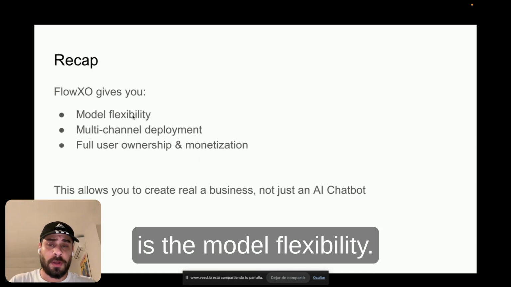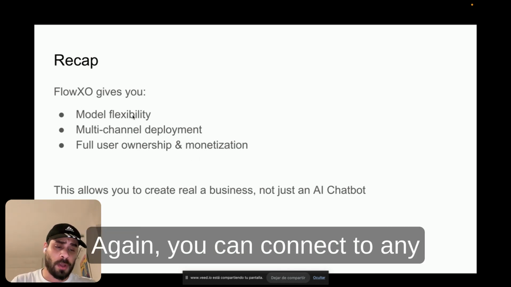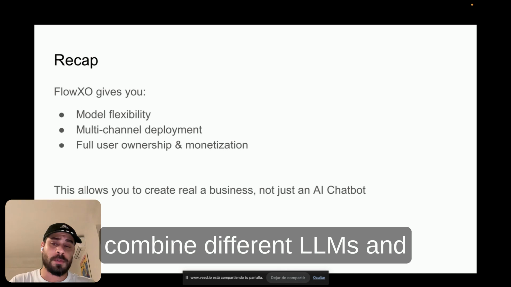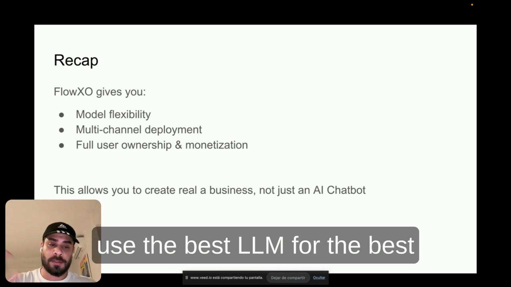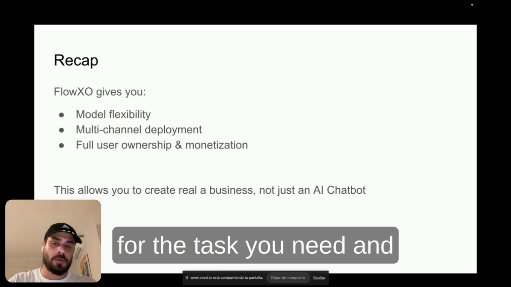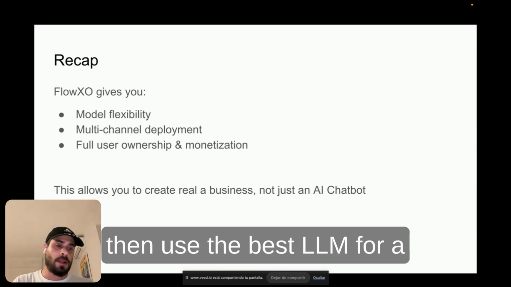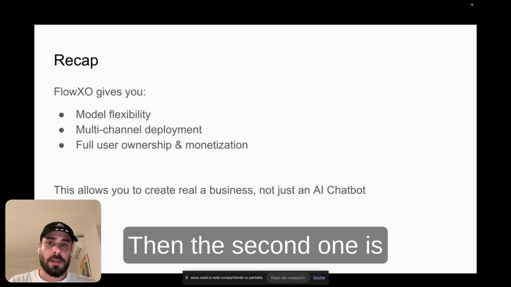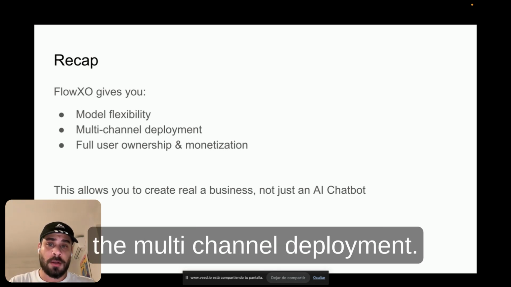The first is model flexibility. You can connect to any LLM of your choice or even combine different LLMs and use the best LLM for each task. Then the second one is multi-channel deployment.